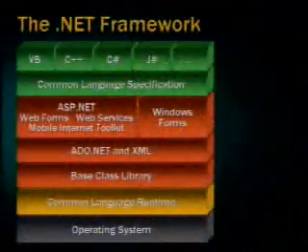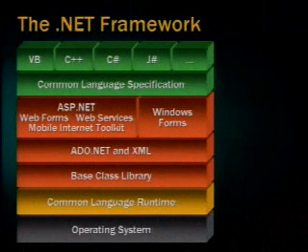Now, further on top of that, we have this thing that we call the Common Language Specification. And what that really is, is a standard for the minimum set of functionality that languages must support in order to be implemented on the .NET Common Language Runtime.